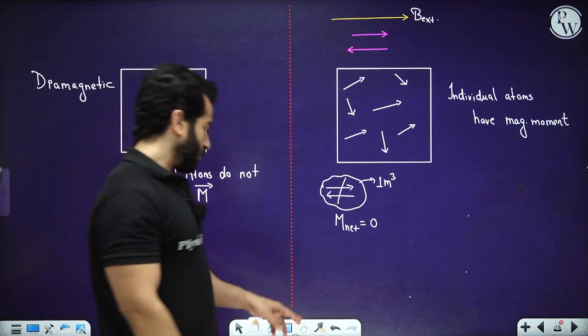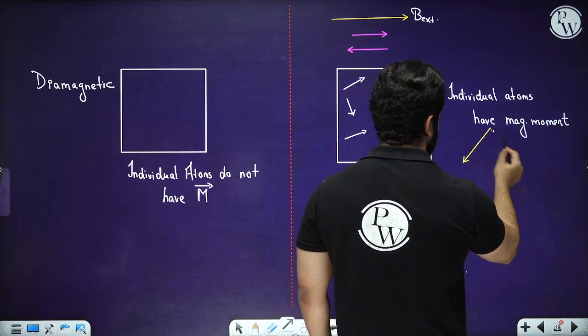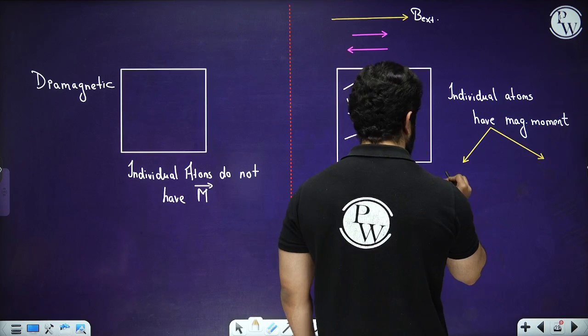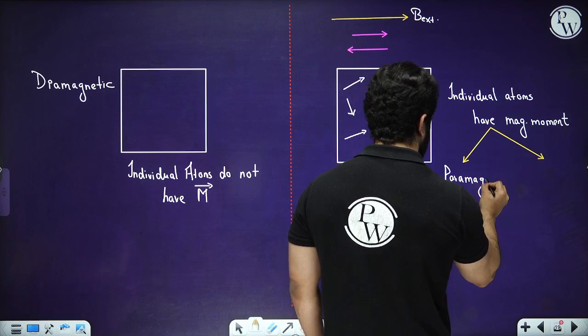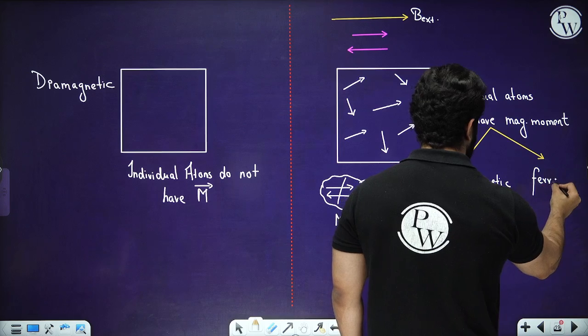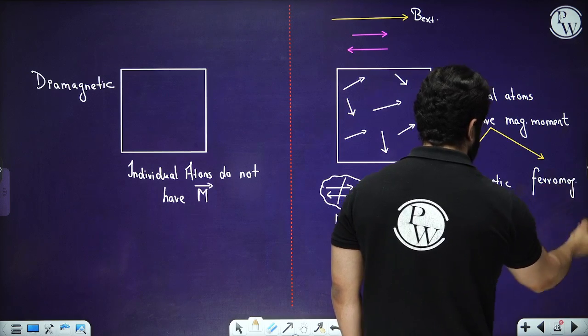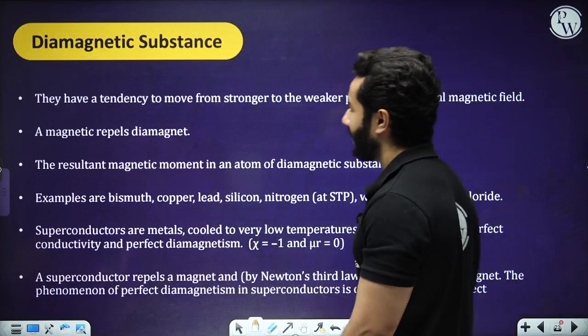The other types have another classification with two further types, paramagnetic and ferromagnetic. Now let's start one by one. First, let's start with diamagnetic.